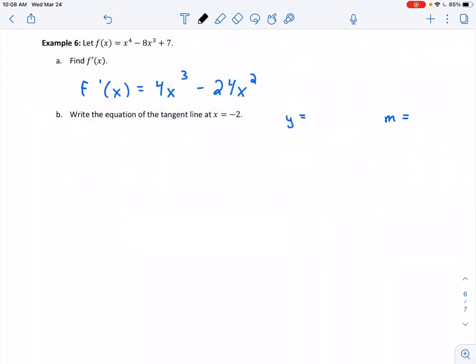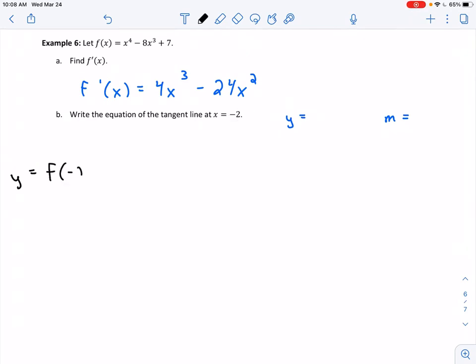I'm going to start with the y value first, just because that's my preference. And if I want to find the y value, remember, I look at the original function. I'm looking at f of x in order to tell me the y value. And I'm going to plug in the x value that was given to me, which is negative 2.